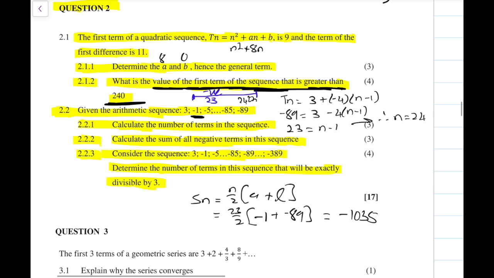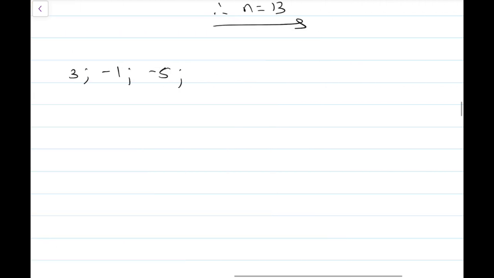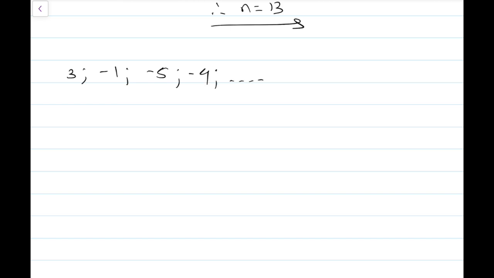All the way to, well, let's write this here as minus 9, because we know that's the next one that's going to be divisible. And then all the way to minus 389. But if we're going this way, we're going to have to add 4 to it. So it's minus 389 plus the 4, which is minus 385.